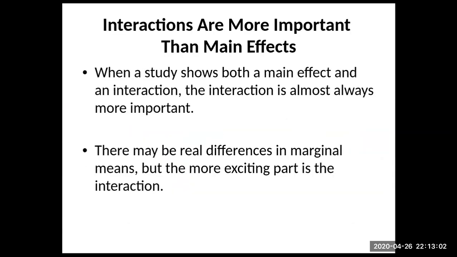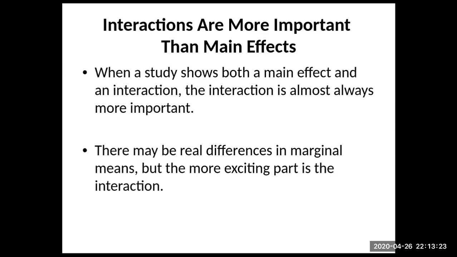So we talk about interactions being more important than main effects. When a study shows both main effects and interactions, it's good to know there's an effect, a main effect, that one level of one IV is higher than the other level of that same IV.